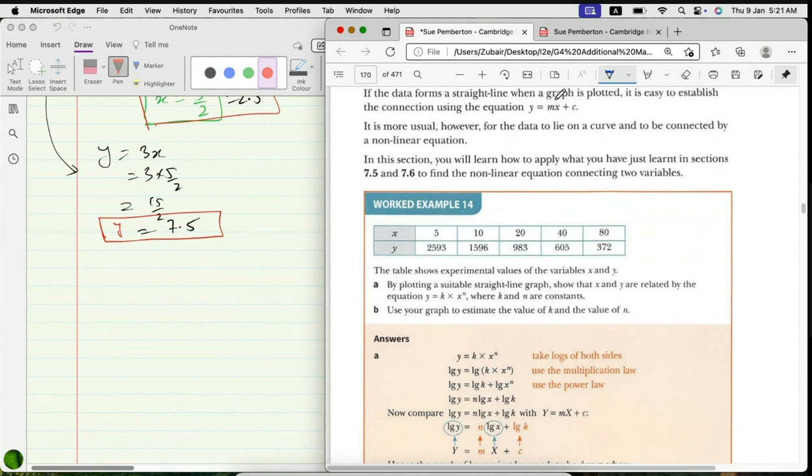If the data forms a straight line when the graph is plotted, it is easy to establish the connection using the equation y equals mx plus c. It is more useful, however, for the data to lie on a curve and to be connected by a non-linear equation. In this section, you will learn how to apply what you have done in the previous two sections to find a non-linear equation connecting the two variables.